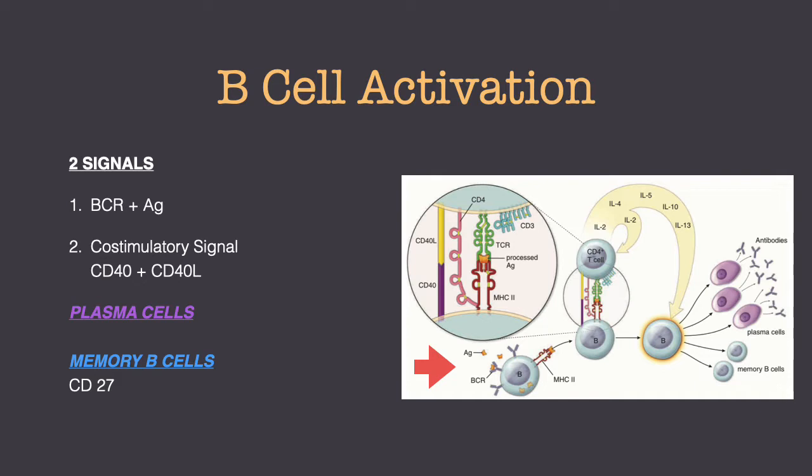The second signal is when CD4 molecules on B cells interact with the corresponding ligands on the helper T cells, resulting in the release of cytokines that lead to the differentiation of B cells into either plasma or memory B cells. Plasma cells synthesize antibodies, while memory B cells are responsible for subsequent reinfections with the same antigen.